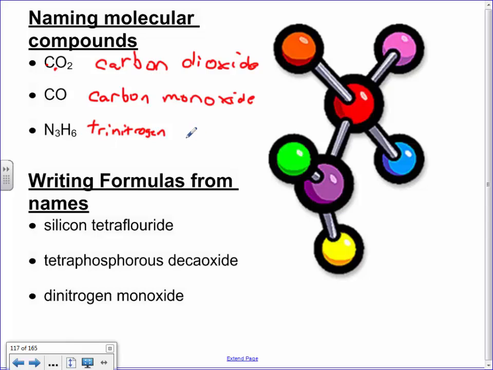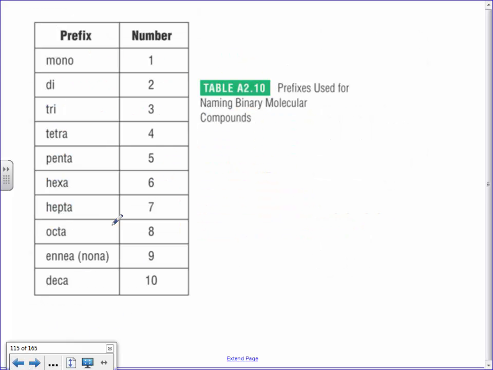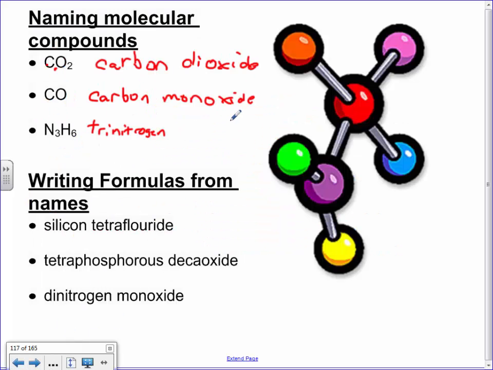We have 6 hydrogens, but what's the prefix for 6? 6 was hexa. Yeah. So we need a hexa, and then it was supposed to be hydrogen. But we have to change that to hydride. That's how it changes. So you would call it trinitrogen, because there are 3 nitrogens. Hexahydride, because there are 6 hydrogens.